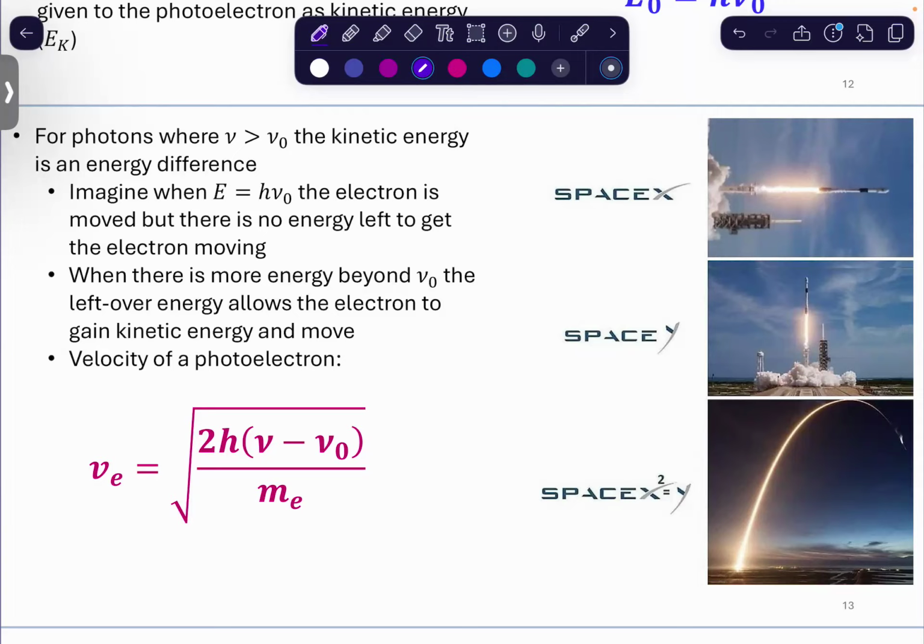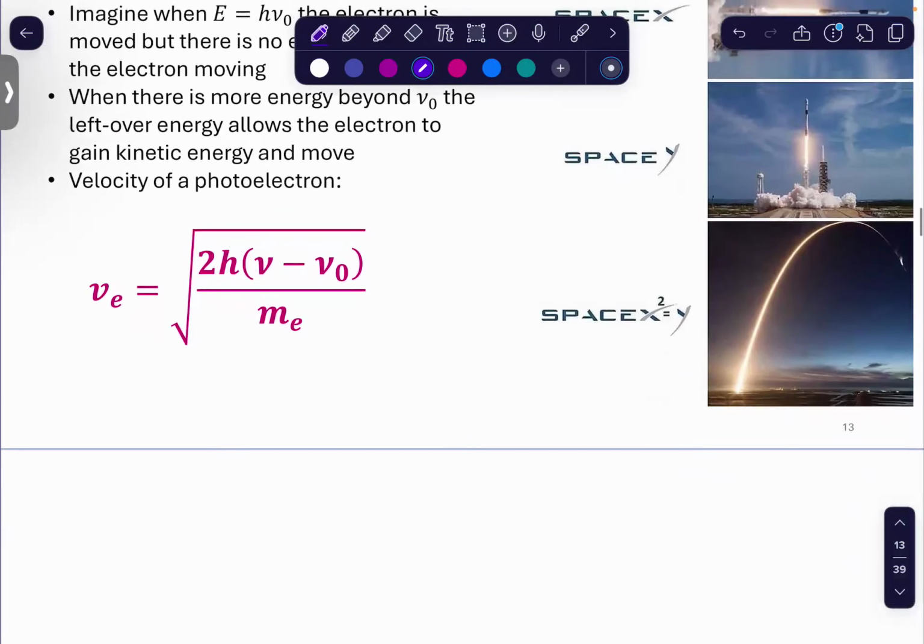Well, then you find out the energy at the frequency the photon is at, and you take a difference between the two. And so the velocity of a photoelectron, you can see here, is the square root of 2 times Planck's constant, where you have the frequency of your photon minus the threshold frequency, over the mass of an electron.